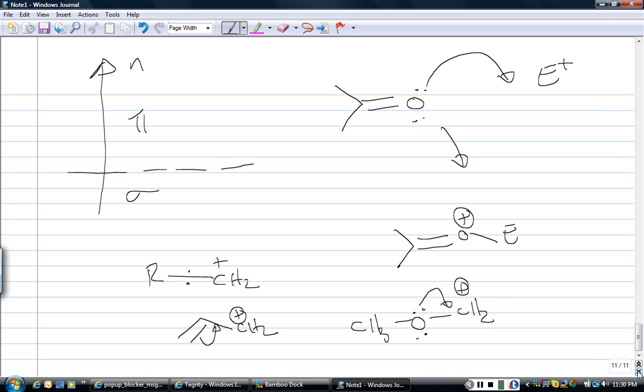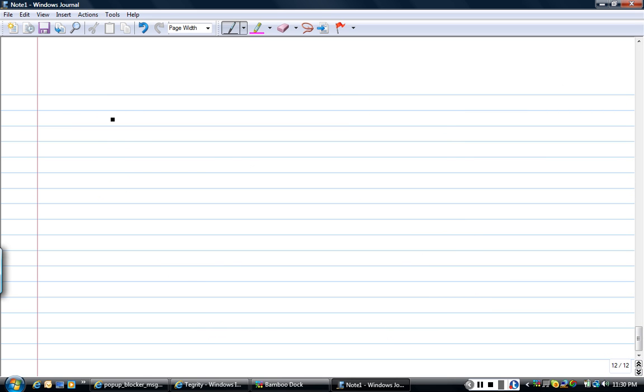There's one other point we need to make about induction and resonance, and that is induction is an effect which has a limited geography. It's very strong along the first bond, modest along the second bond, weak along the third bond and basically disappears. So if I have, for example, a delta minus minus minus on the chlorine, it will induce a delta plus plus plus on this carbon, a delta plus plus on this one, a delta plus on that, and then these don't feel the chlorine at all.